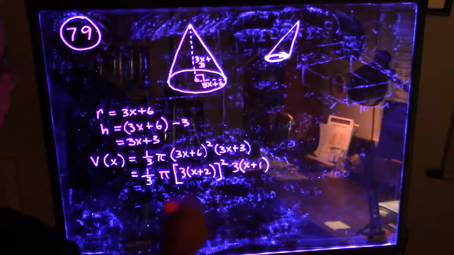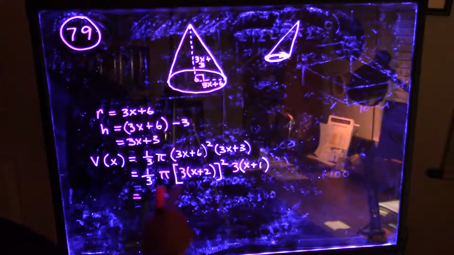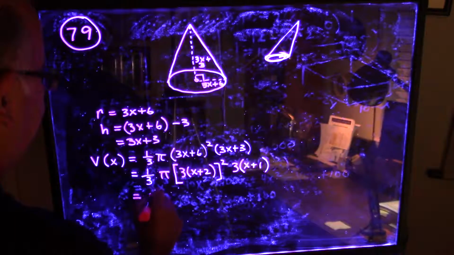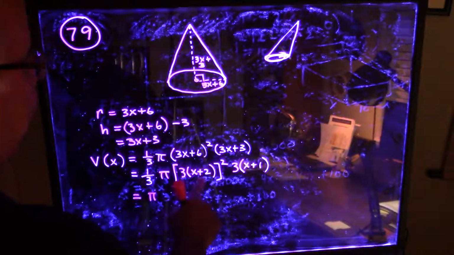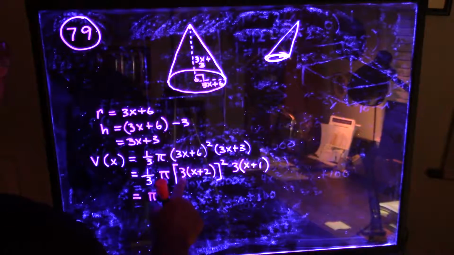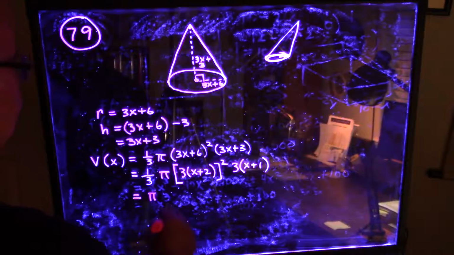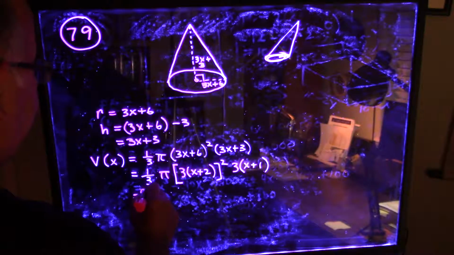Let's do that. What happens when you multiply 3 times 1/3? You get 1. How nice. So I've got pi. Now you've got this times this, and everything's being squared, so it's going to be this squared times this squared. That squared is 9, so I'm going to put that 9 in front here.